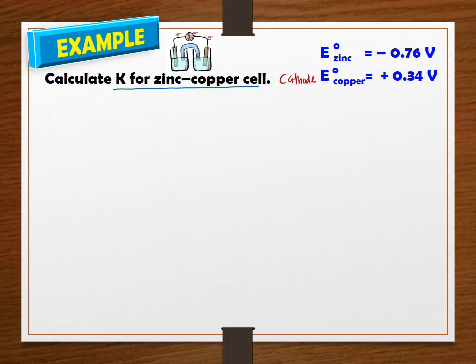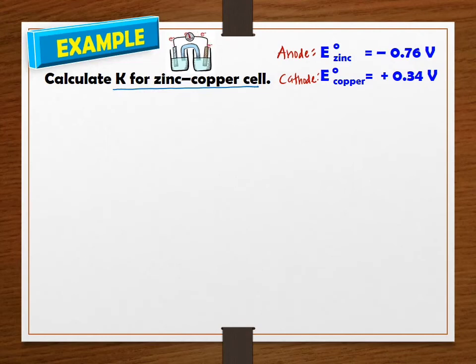And we know that if the value of E node more negative, dia akan jadi anode. So kita dah identify our anode and our cathode. So what you need to do first, you need to write the half cell equation and overall equation first. Okay, tu yang kena buat dulu. Apa-apa pun equation wajib buat dulu.